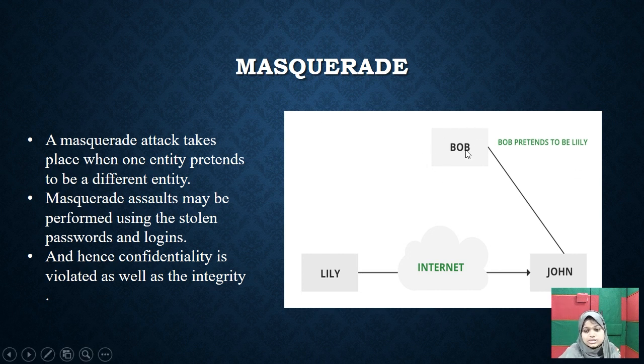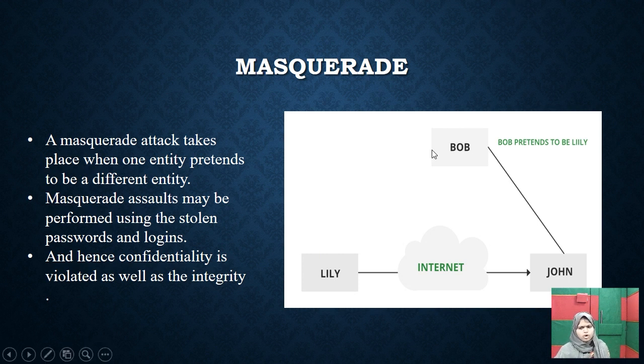For example, in this case, Bob is trying to pretend to be Lily. He has logged into the system with Lily's ID and password, and now he is chatting with John, and John is thinking that he is communicating with Lily, but actually he is communicating with Bob. So obviously the first things being violated are confidentiality as well as integrity, because Lily has not kept her ID and password confidential.